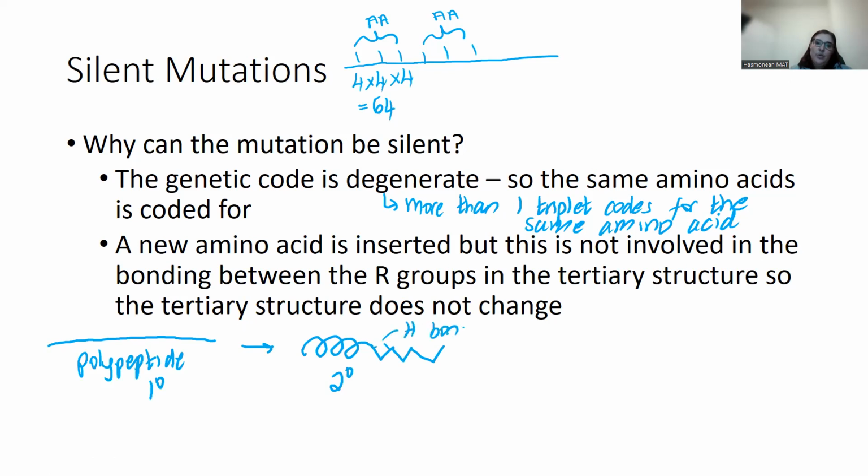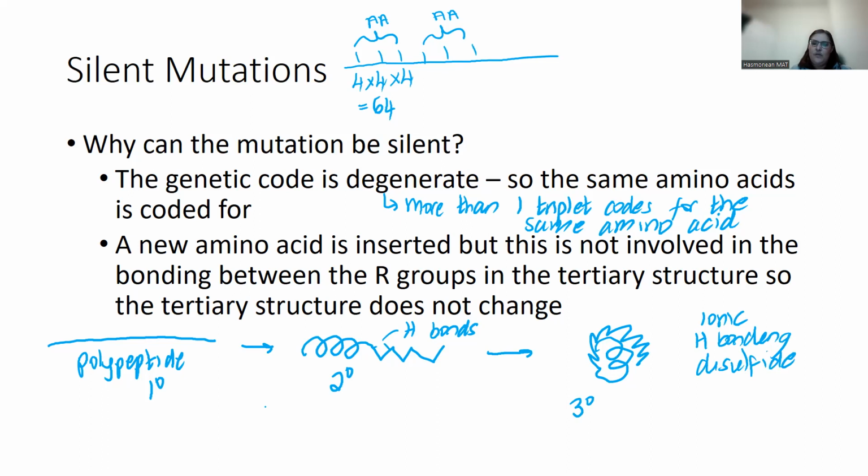And they are nothing to do with the R groups. They're to do with the carboxylic acid and amino groups. And then that one will fold itself up like so, giving what we call our tertiary structure. And that is held by the bonding between the R groups. And this can be either ionic bonding or hydrogen bonding or disulfide bonding.